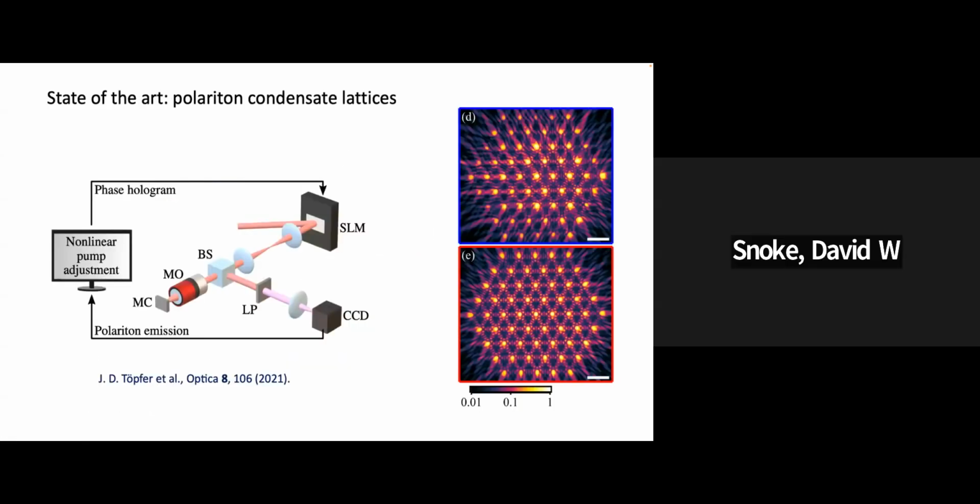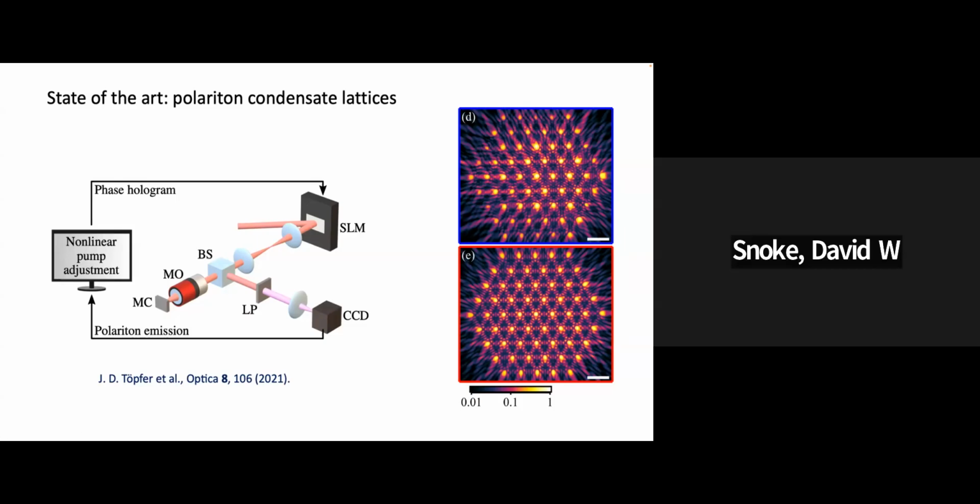So jumping way ahead, I just showed you two spots. This is kind of the state of the art now of groups that are doing this. This is not our data, but it looks a lot like what we just saw in the previous talk, right? You can make a whole array of polariton condensates. But what's interesting here is these spots are not where the laser is. The laser is focusing to make this lattice, and the laser is making the barriers.